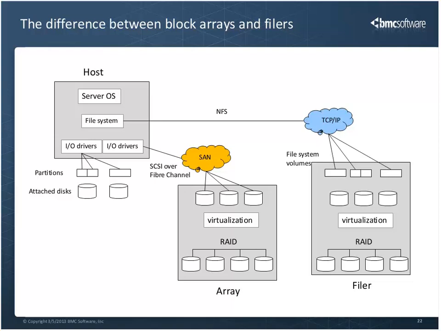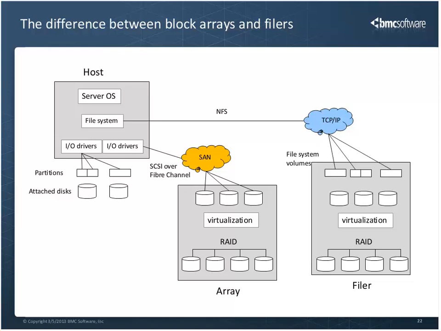Then down below in the middle, you see the SAN-based array. Here there's an I/O driver in the host that knows how to talk SCSI over fiber channel. It knows how to connect to the SAN. And then behind the SAN is the array that has been plugged into that same SAN. You see the 3 layers within the array. The front-end layer is the one that's presenting these virtualized disks through the SAN.